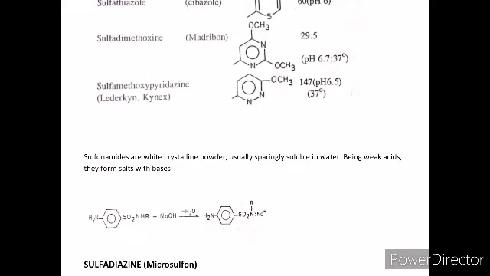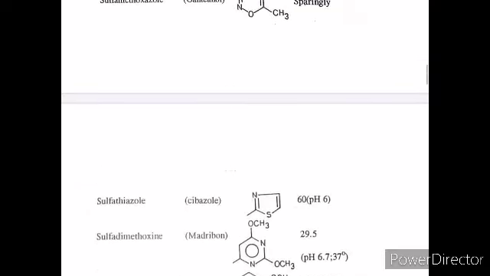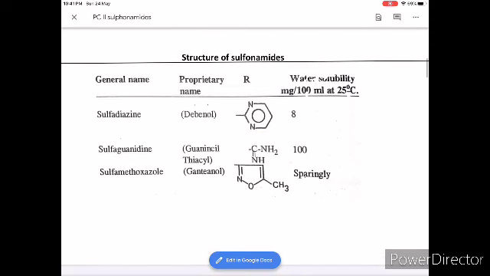Let us talk about sulfadiazine. Now we can see the structure. The chemical name of sulfadiazine is 4-amino N2 pyrimidine benzene sulfonamide. Okay, so here the first structure was sulfadiazine.